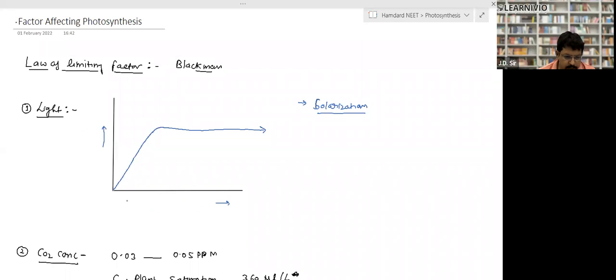So here we can see, right? This is the rate of photosynthesis, and here this is the intensity of light.